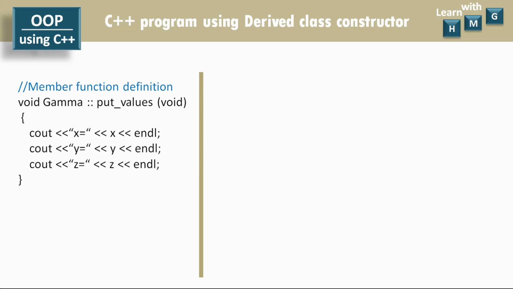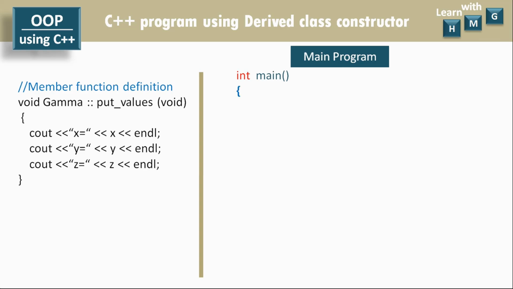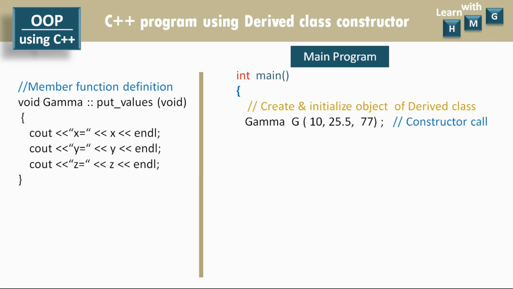Let us go for the main function. First of all, create an initialized object of the derived class. Here our derived class is gamma, so I will create the object g of the gamma class. Three constant arguments are passed, that is 10, 25.5 and 77.